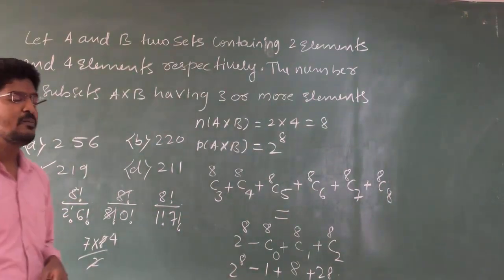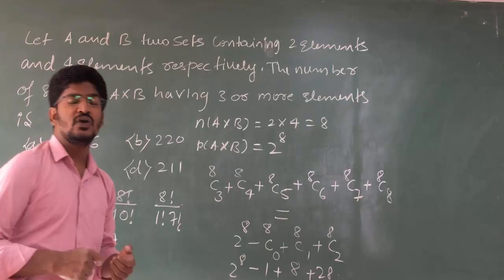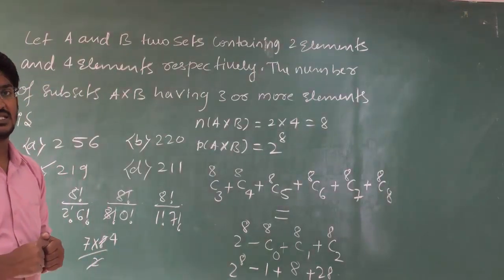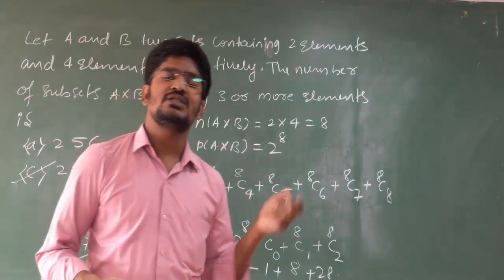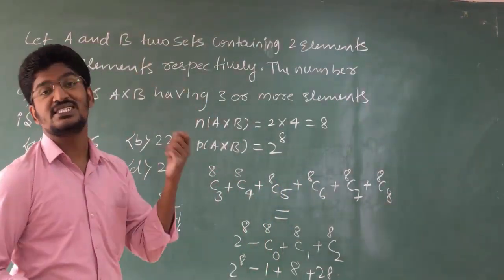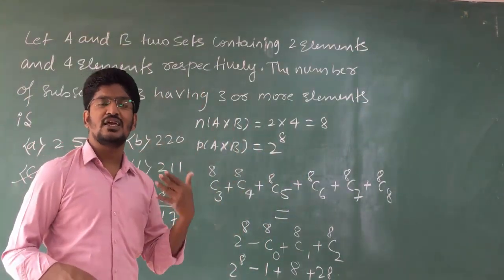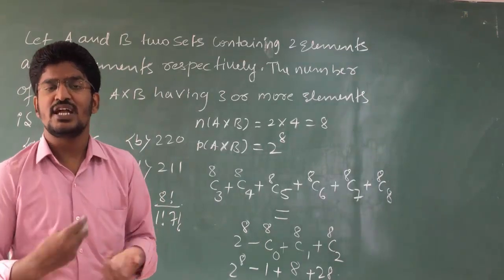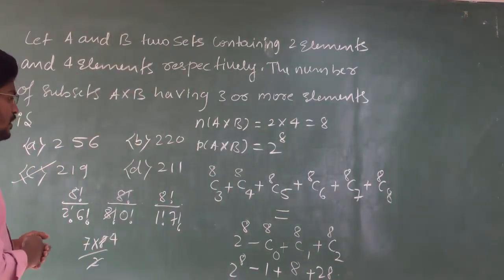Clear? So the answer is 219. Very simple problem, but you must know the techniques of solving this type of problem. Already this has been discussed in the previous session, but there I did not give an example. In the general method we discussed the number of subsets with more than n elements. Clear? Okay, no problem.